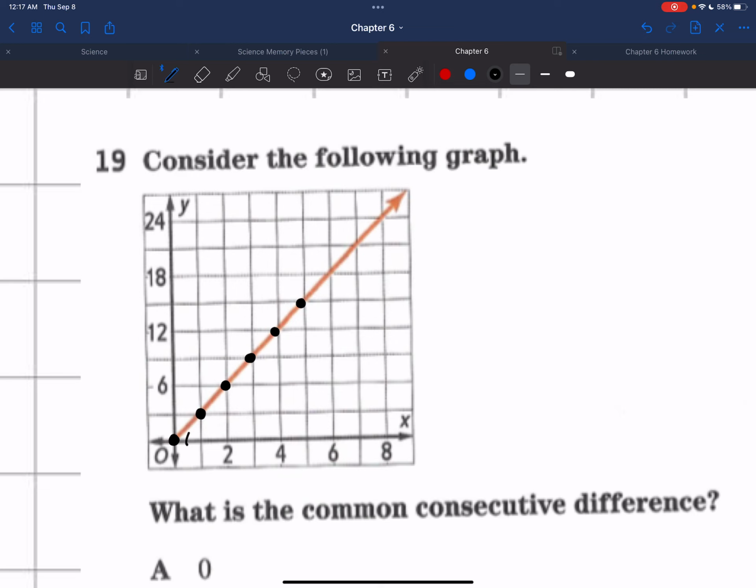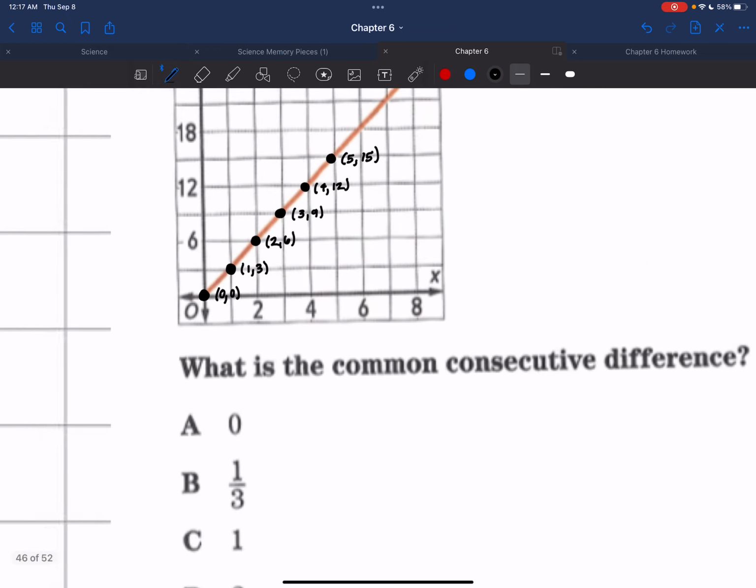So we have 0, 0. We have 1, 3. 2, 6. 3, 9. 4, 12. And 5, 15.